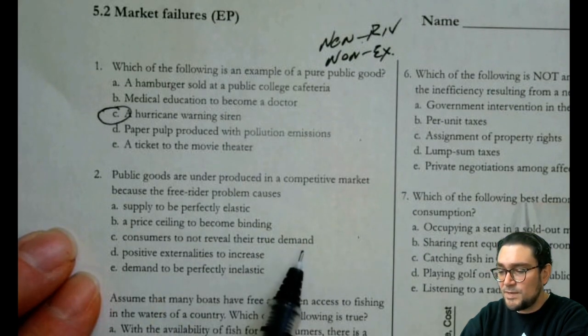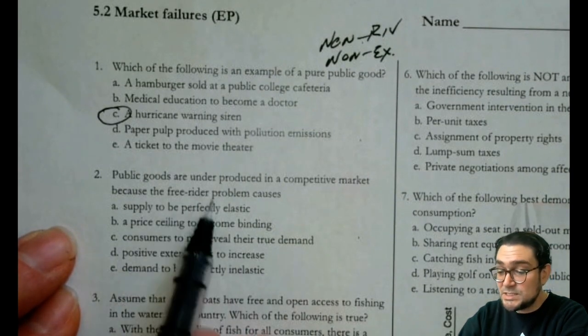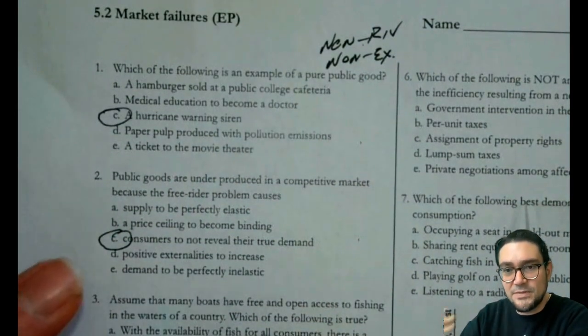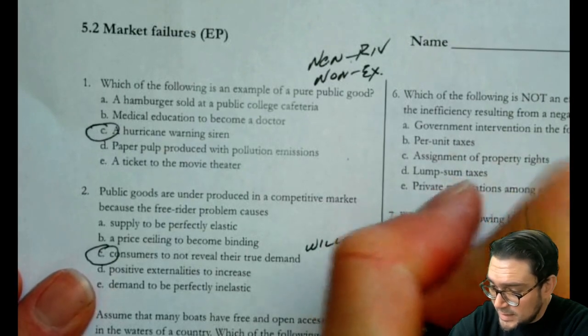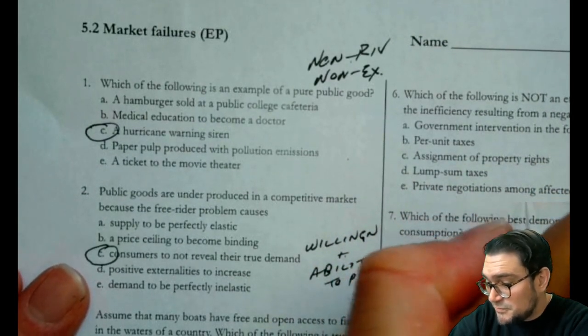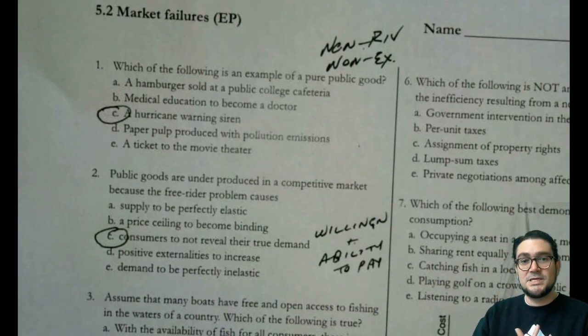That's an interesting problem, and I think that's really what we're going for here. It's an interesting way to describe what the free rider problem is. What it is is that consumers aren't revealing their willingness and ability to pay. And that's what a free rider is doing, is they're not showing their willingness and ability to pay.